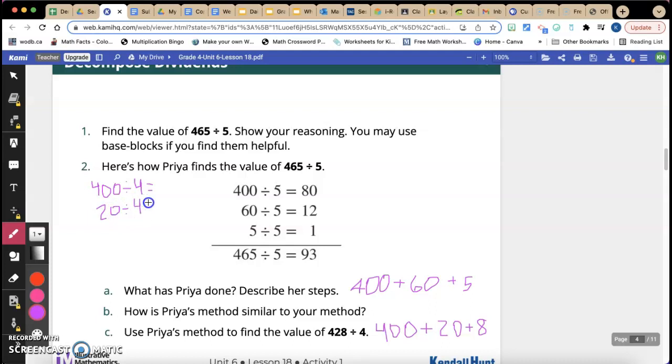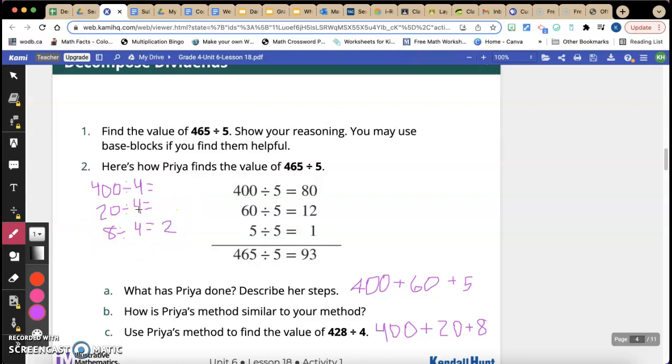And it is like saying 8 divided by 4. So if I think about 8 divided by 4, remember division is the opposite of multiplication. I could think about how many times 4 goes into 8. Well, I know 4 goes into 8 2 times.